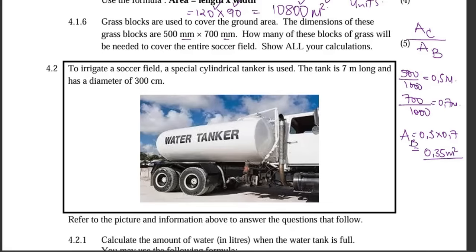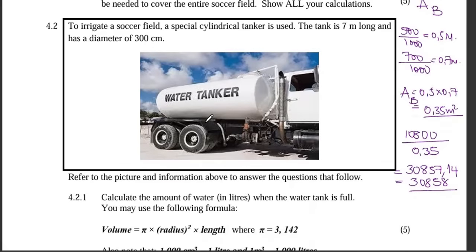So we shall take the area to be covered, which is this much, divided by 0.35. When you divide it, you end up having 30,857.14. And because they are blocks, you have to round up. That's what we need. So this is question number 4.1.6. Number of blocks that are needed.